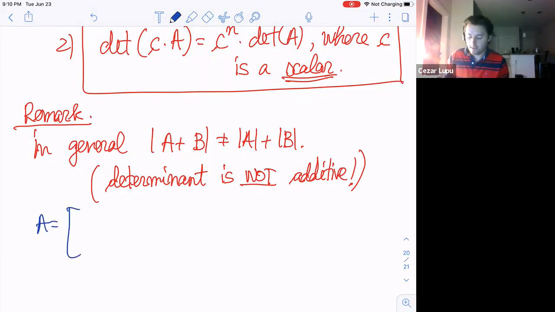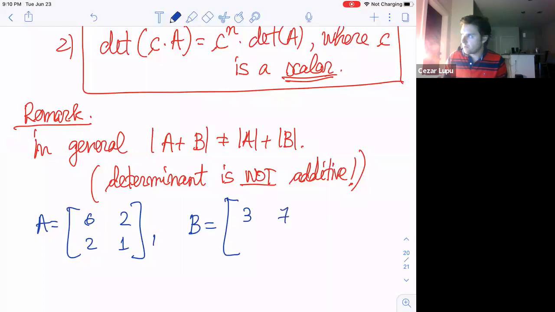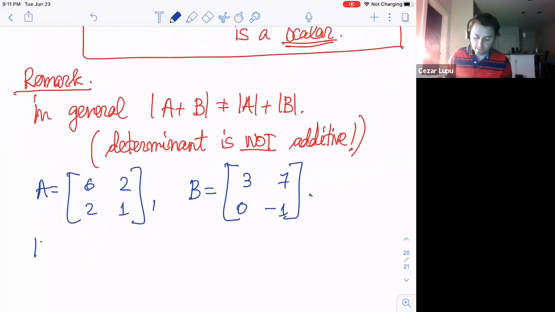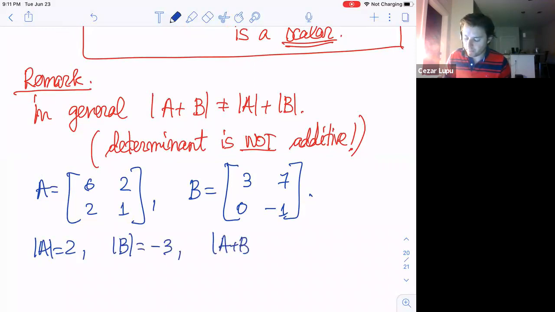A will be 6, 2, 2, and 1, and B will be 3, 7, 0, and -1. So you compute the determinant of each one of them. For example, the determinant of A will be 2, and the determinant of B is -3. But the determinant of A plus B, if you do the computations, will be -18. So definitely this doesn't hold true.